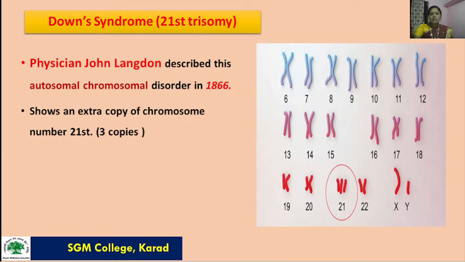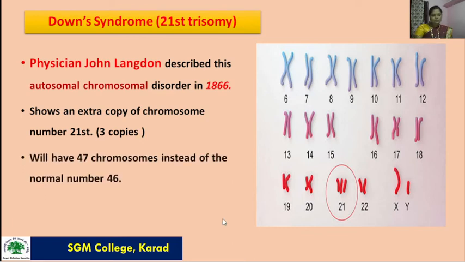So 21st trisomy occurs due to non-disjunction, or failure of separation of chromosomes, that is autosomes, during gamete formation. The incidence of non-disjunction is distinctly higher in mothers who are over 45 years old. We will have 47 chromosomes instead of the normal 46.